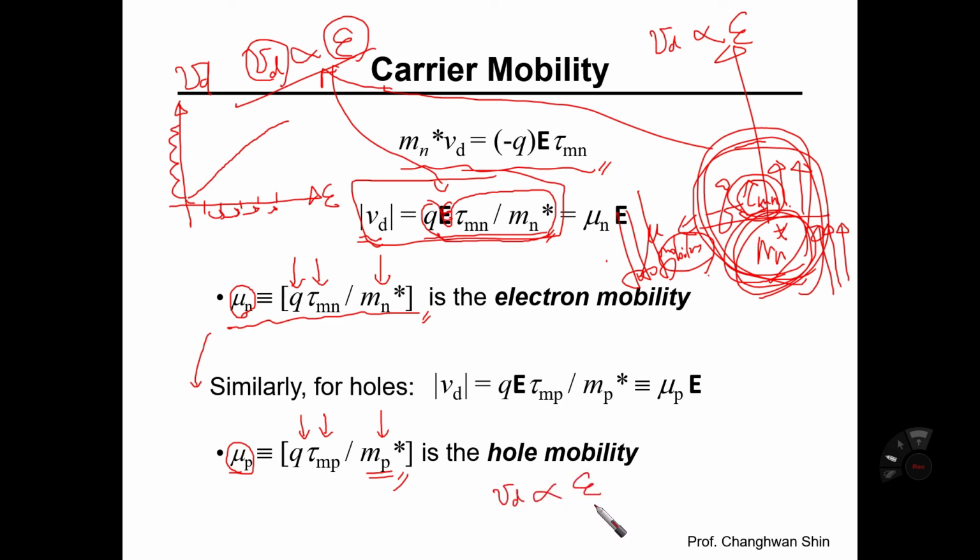They are proportional to each other, and the coefficient is mobility. Again, mobility is the coefficient for the relationship between drift velocity and electric field. Here is drift, and here is electric field. Electric field is voltage difference.